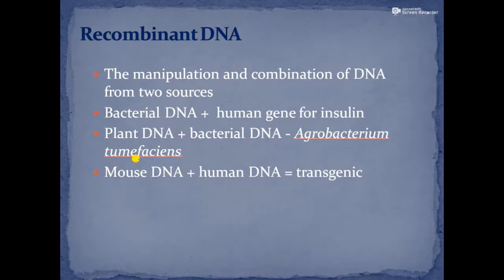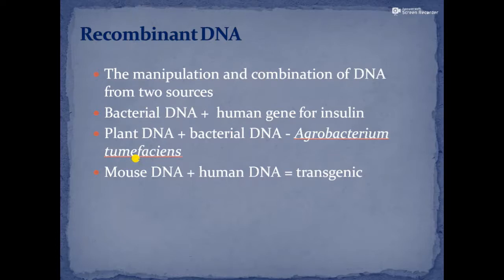So, in recombinant DNA technology or genetic engineering, it could be any two different DNA which have been combined together, and once the recombinant DNA has been formed, you will put it into a particular host so that this recombinant DNA will be expressed over there.